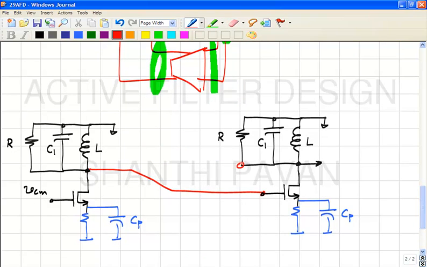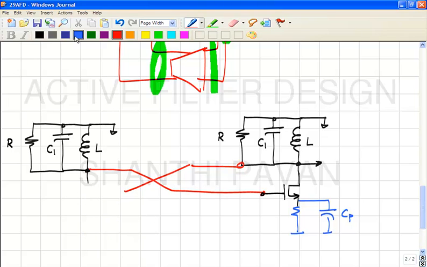Output of the second one. I'm just going to flip this to make this look nice and symmetric. You understand?